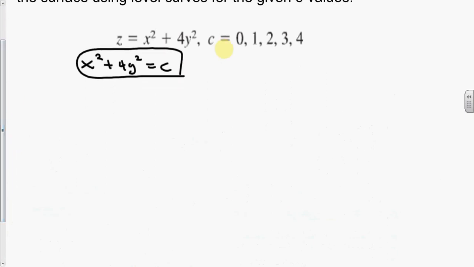So the c changes the values. We want to be able to depict what this is.